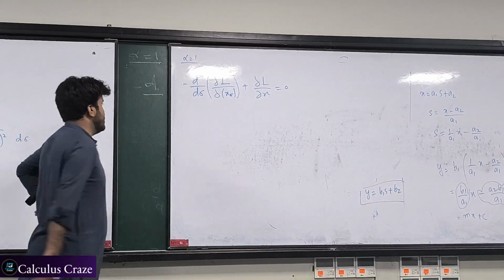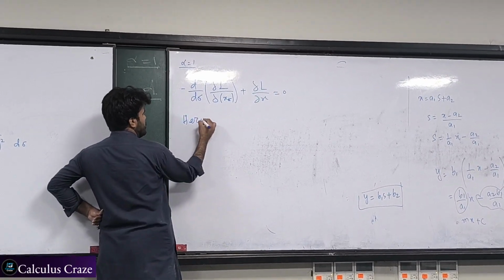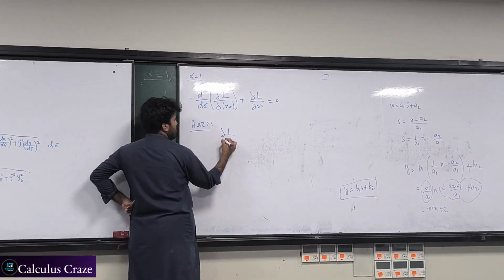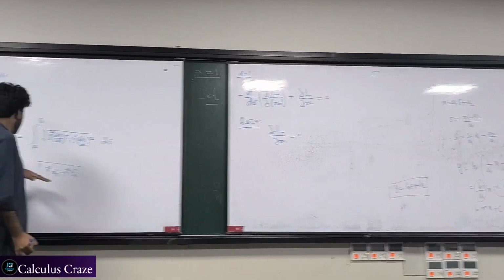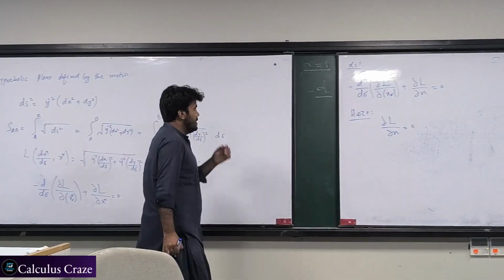Let's compute this. Here the partial L by partial x should be 0, because there is no x variable inside this L.